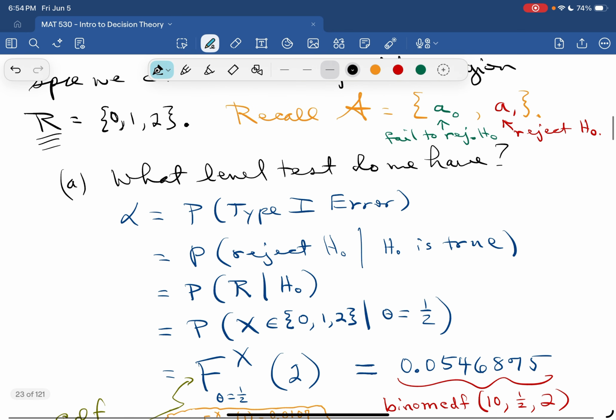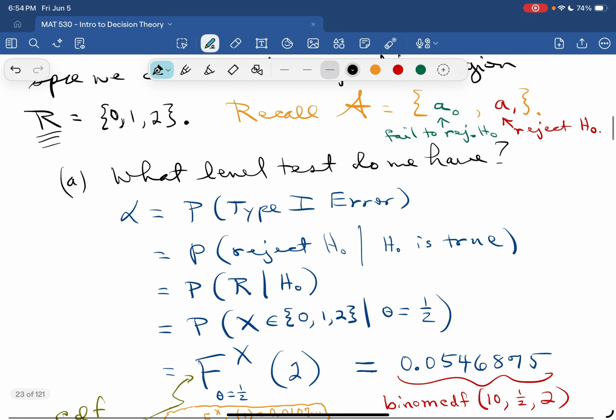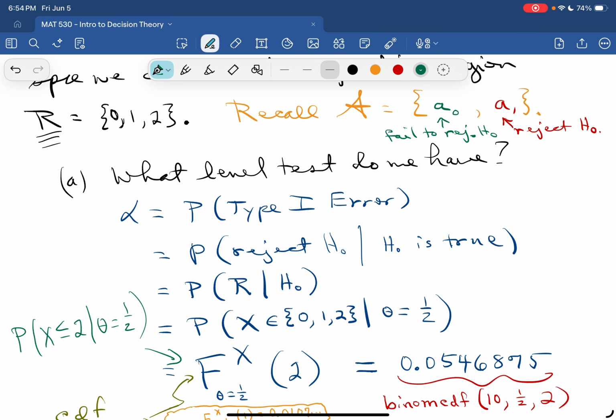And so really what we're looking for is the CDF for this distribution evaluated at 2, right? Because that CDF is the probability that x is less than or equal to 2, and in this case, given that theta is 1/2, which is exactly what we need to know.